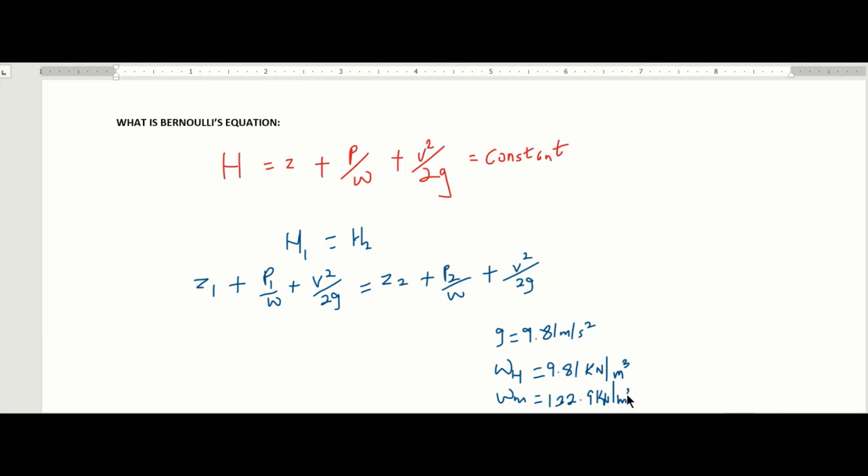So these are the two common fluids that we shall be using as we analyze the flow of fluids. And please, I want us to also note that many phenomena regarding the flow of liquids and gases can be analyzed by simply using the principle of Bernoulli.